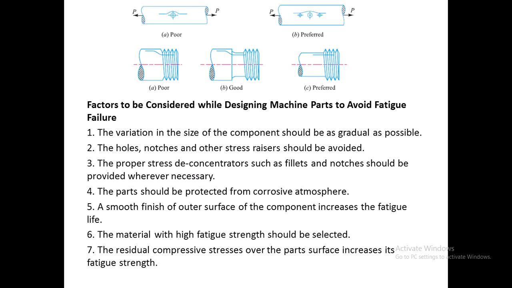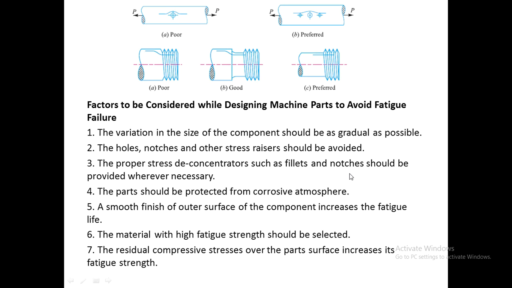There are some factors to be considered while designing machine parts to avoid fatigue failure. The variation in the size should obviously be as gradual and smooth as possible. Holes, notches, or other stress raisers, which I already mentioned in the previous slides, should be avoided. There should be proper stress deconcentrators such as fillets and notches.